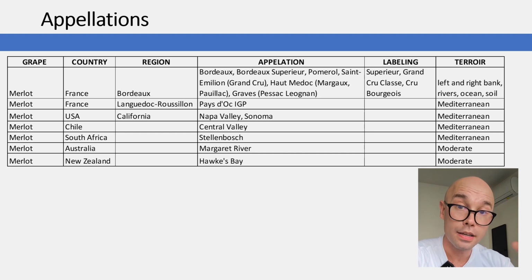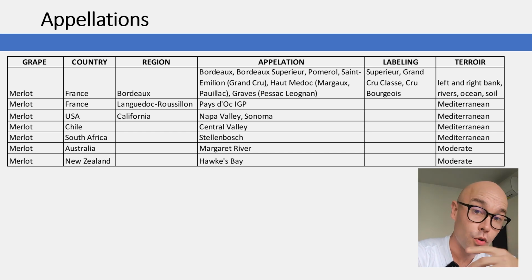Cru Bourgeois is a term also used on the left side of the river Gironde for wines that are not classified in that 1855 classification, but still deserve some kind of indication on the label to show their high quality.